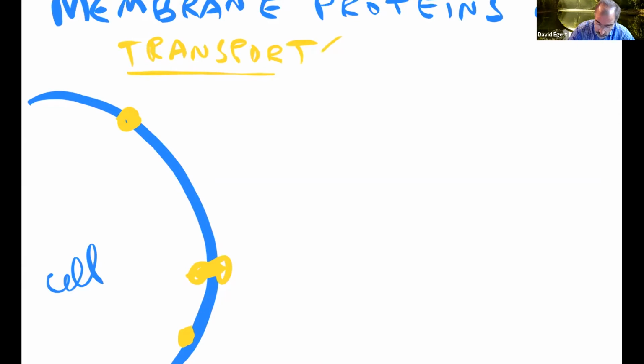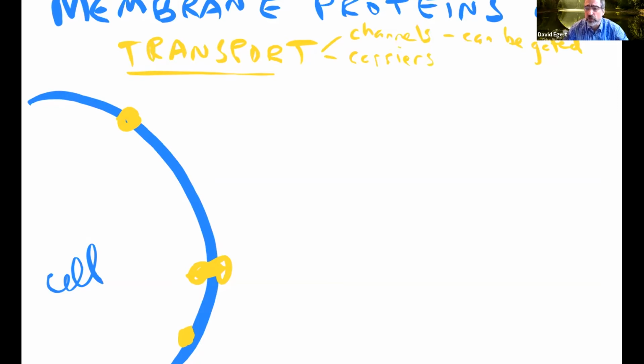So with transport, we talked about there are channels, basically things that can let ions in or out, and these can be gated. We talked about carriers. It's kind of more complex, usually for larger, more complicated things.